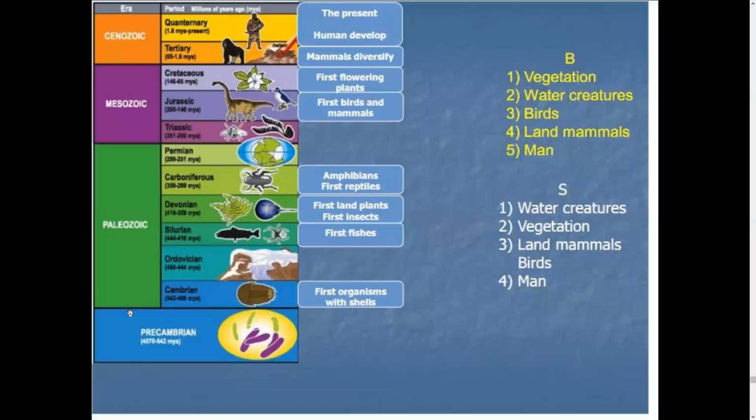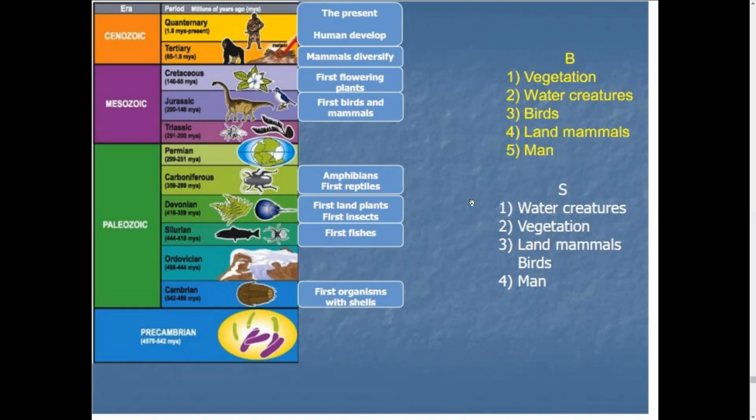So now, that character change of life is, for example, trying to understand when did first organisms with shells get introduced on Earth? When did fish get introduced on Earth? When did first land plants get introduced on Earth?